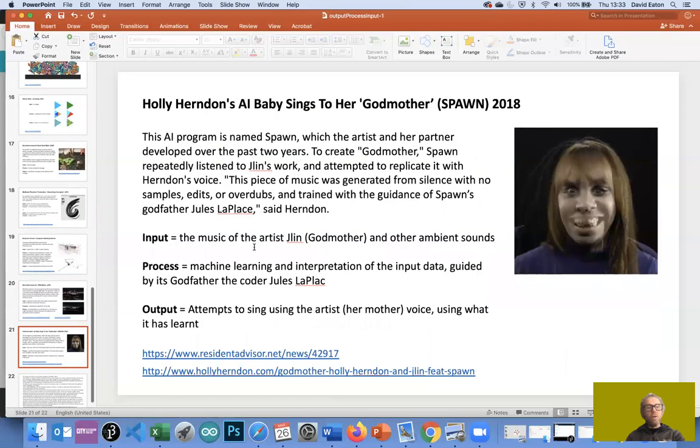Some of you, I know, have certainly come across Holly Herndon's work. She's really starting to experiment with the ideas of using AI and created what she calls her AI baby, Spawn. And she's effectively teaching Spawn to sing and make music based on learning from her own inputs and others as well.